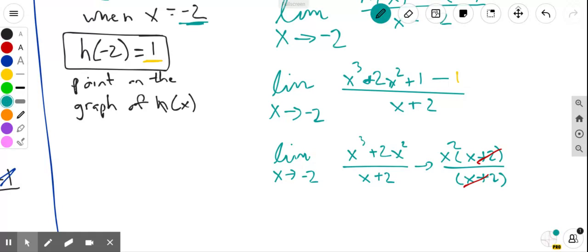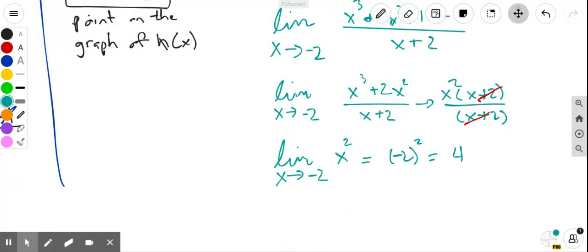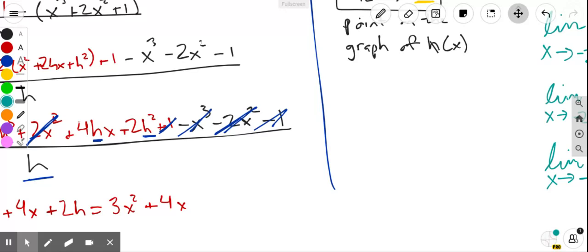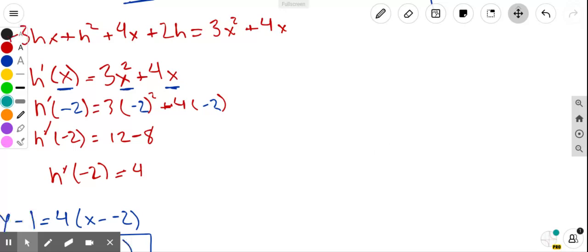Then to get our answer, we find the limit as x approaches negative 2 of x squared, which means negative 2 squared, which comes out to 4. That's what we found earlier as well. We got 4 for the slope of the tangent line when x is negative 2.